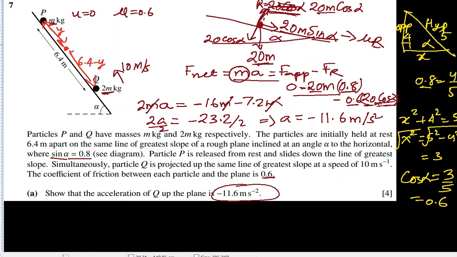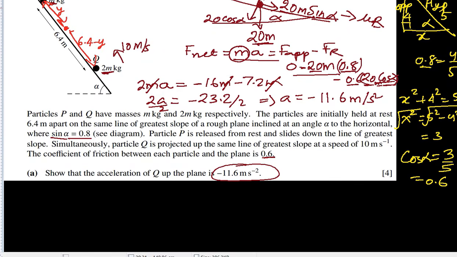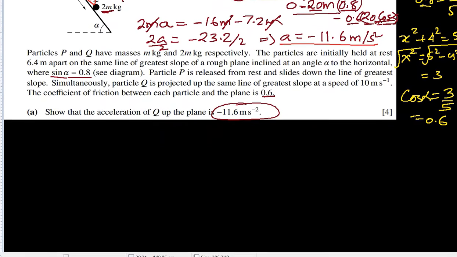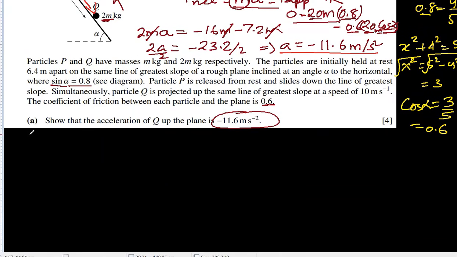And let's write the equation for the one where we know the acceleration already, the lower one. So we know that s is ut plus half at square. S for the particle which is going up is 6.4 minus y.